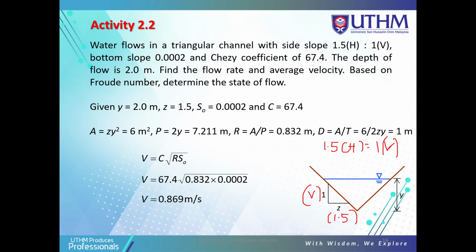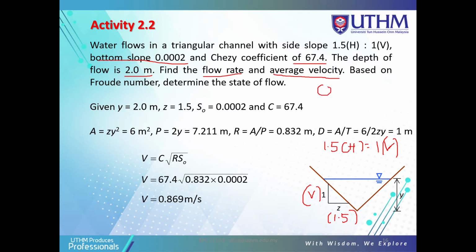So given y is 2 meter. Bottom slope is 0.002 and Chezy coefficient is this one. So the depth of flow is 2 meter, the depth is y. Find the flow rate and average velocity.